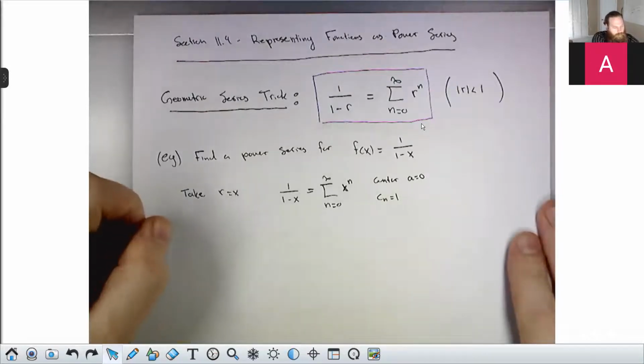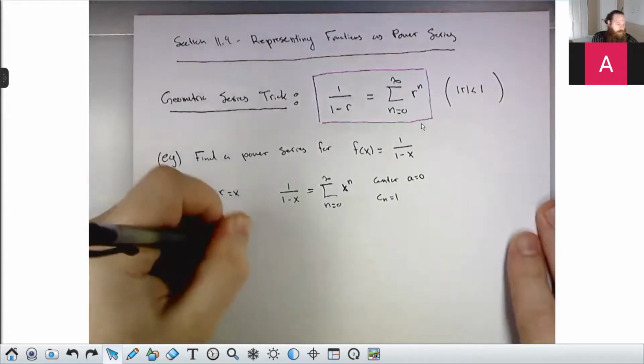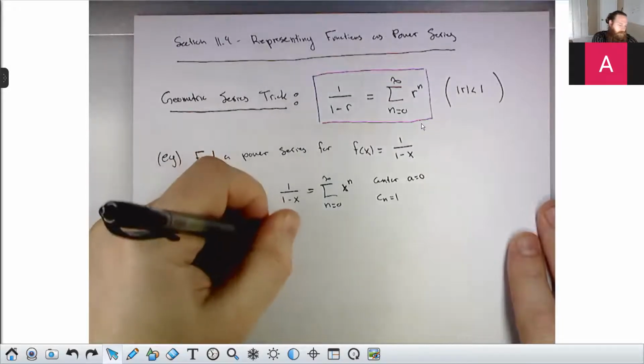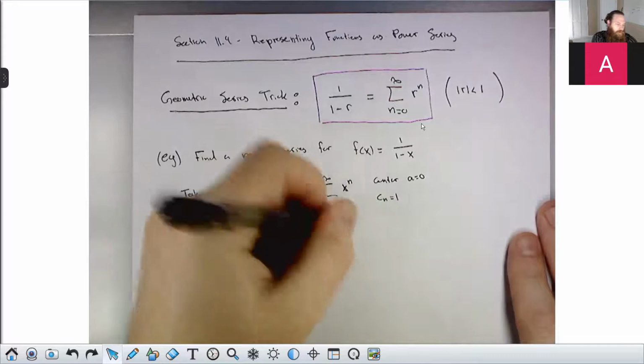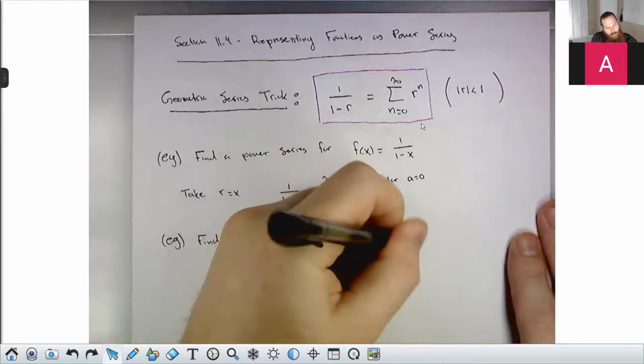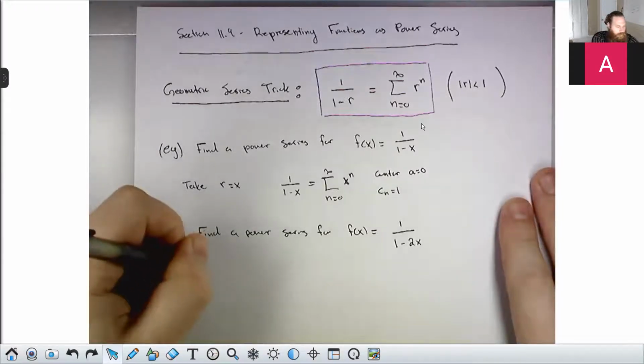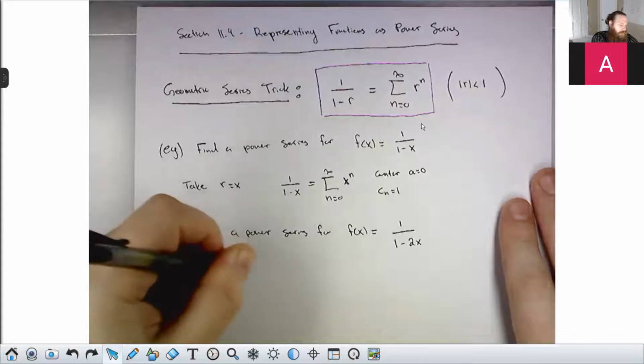Kind of next level of examples here. Same business, find a power series for f of x equals 1 over 1 minus 2x. What do you think we're going to do here? Good. Yeah, here we'll just take r to be 2x.